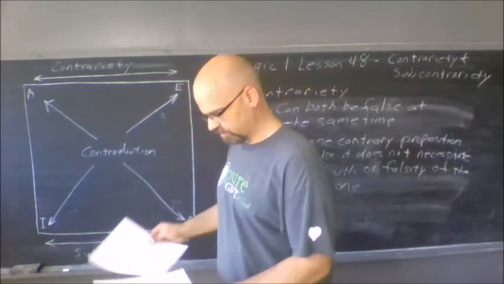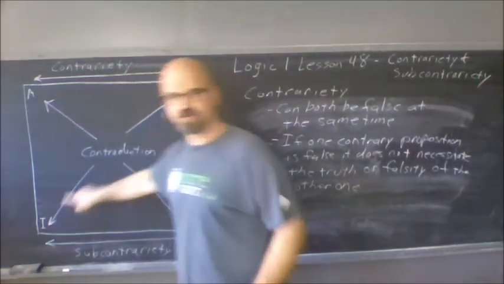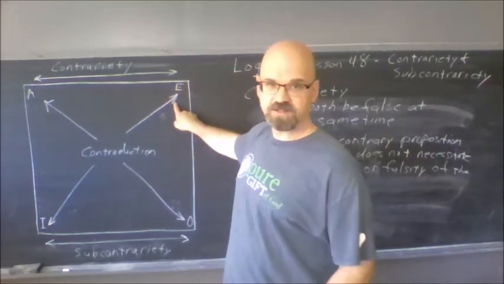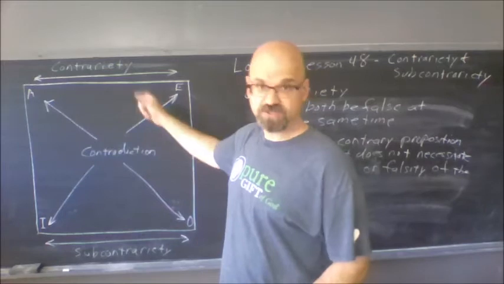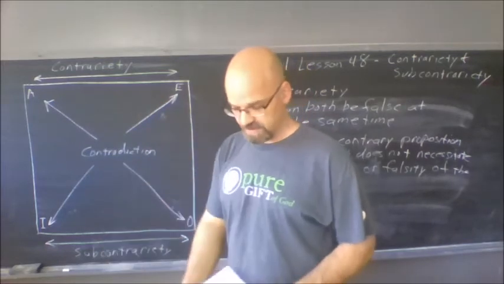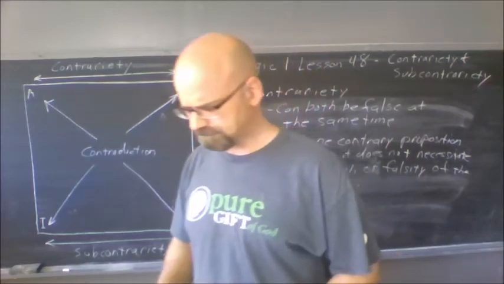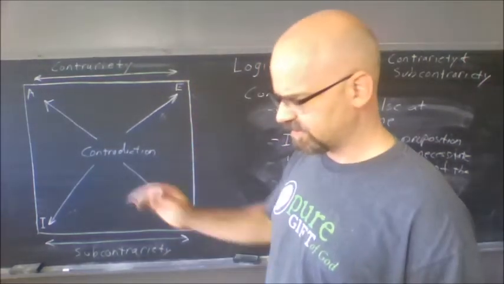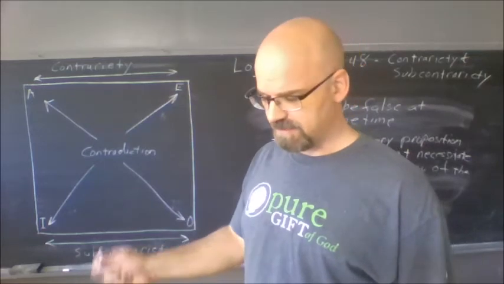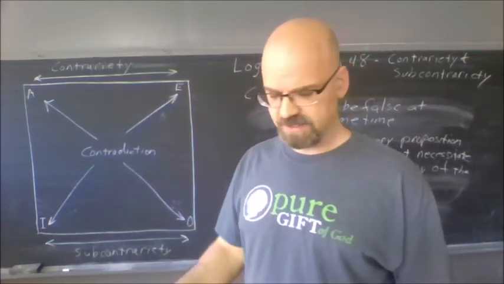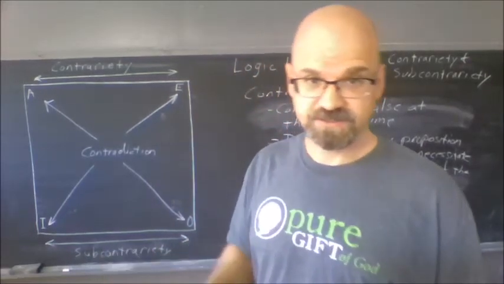No cows are carnivores, that would be an E statement. Okay? If one is true, the other one has to be false. If one is false, the other has to be true. So if I say some cows are carnivores, and you said that's false, then that automatically means no cows are carnivores has to be true.